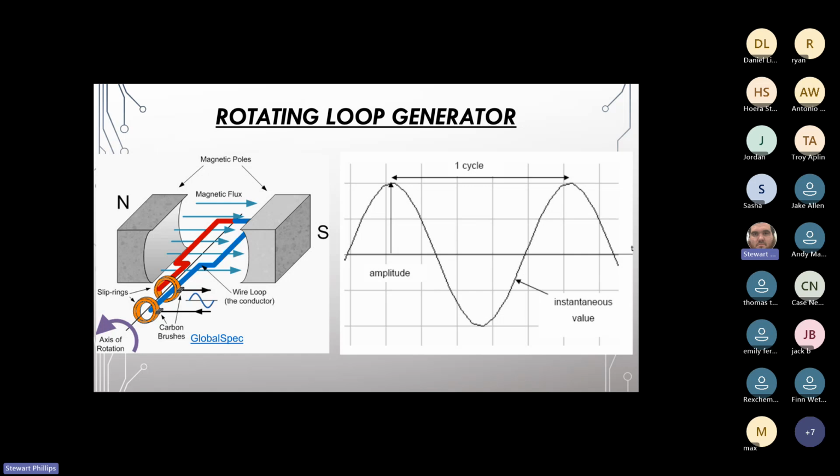If we look at the blue wire this time, the axis of rotation is going anti-clockwise, so we know the blue is going up. We know that the magnetic flux is going from north to south. If we align our fingers, because we're using the right hand for a generator, the current should be flowing from blue to red if the generator is spinning anti-clockwise. Does that make a bit more sense, Sean?